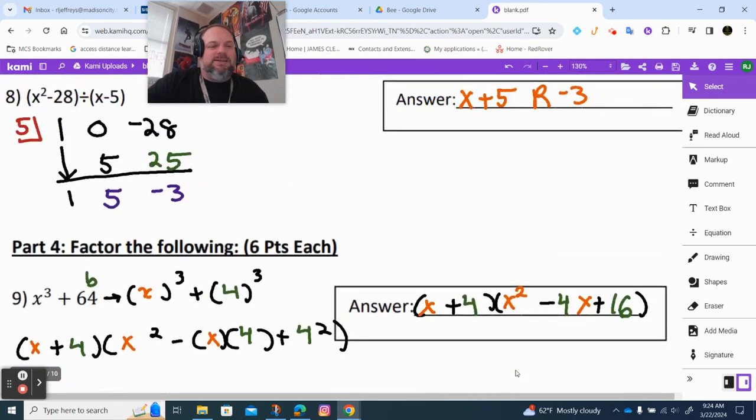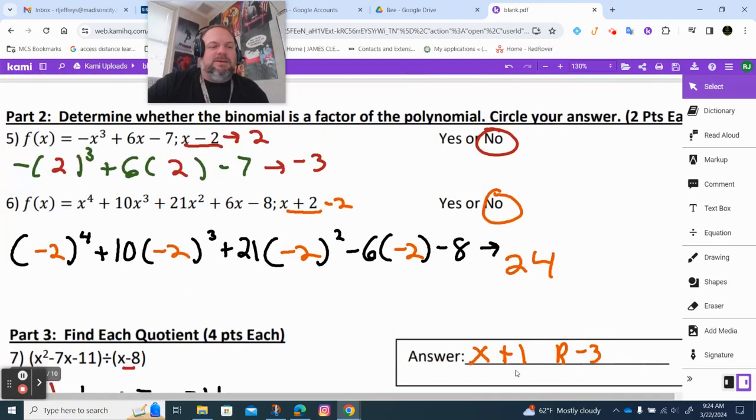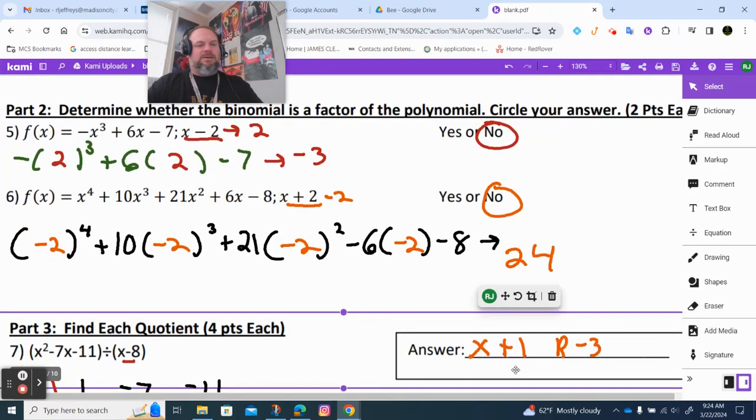Number 6 is yes. Fourth plus 10, negative 2 to the third, plus 21, negative 2 squared, plus 6, negative 2 minus 8.